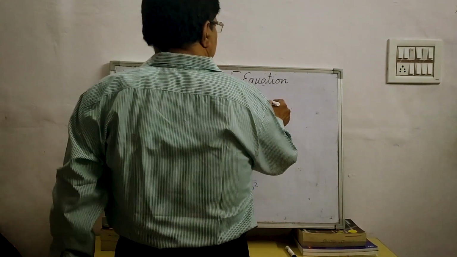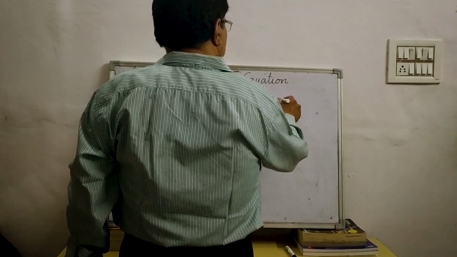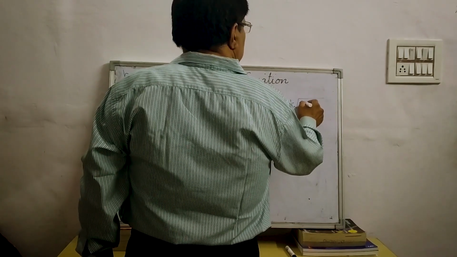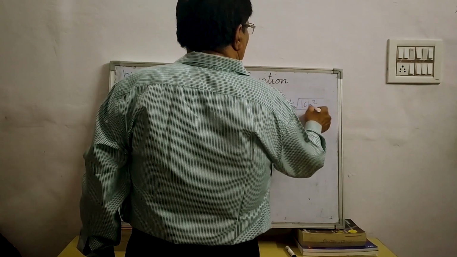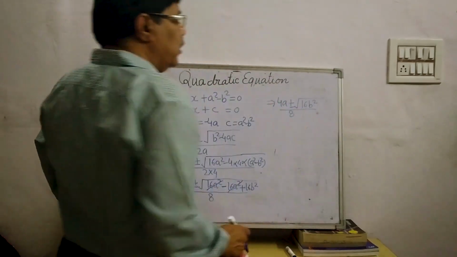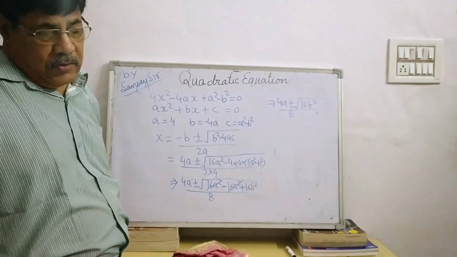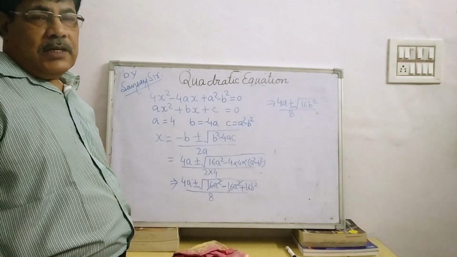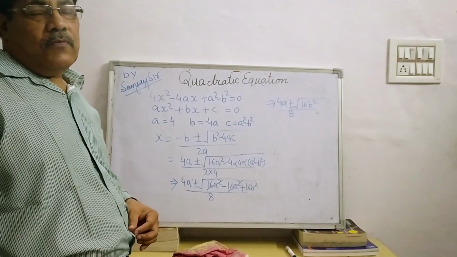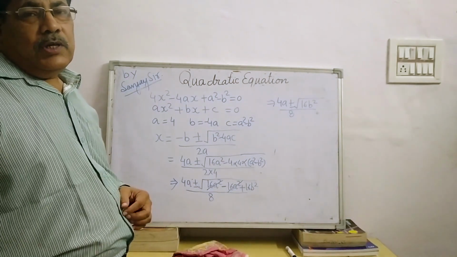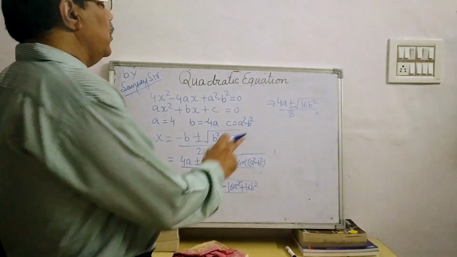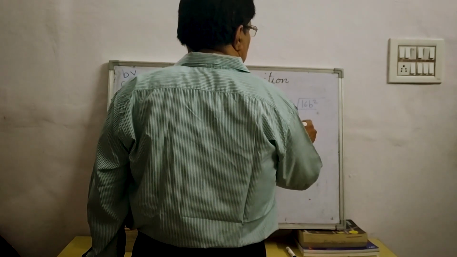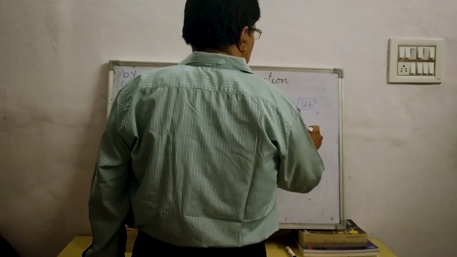So what will be left? 4a plus minus under root 16b square upon 8. Till here it is clear, children? Now solve it. What is the square root of 16? Anyone? Yes, very good. So square root of 16 is 4 and root of b square is b, so it will be 4b. Further simplify it, what will we get? 4a plus minus 4b upon 8.